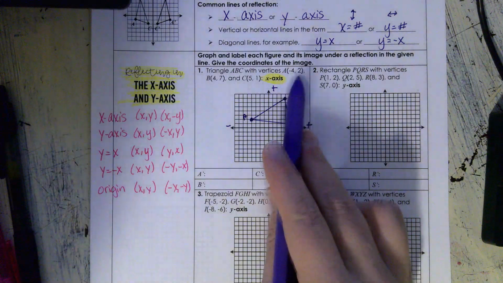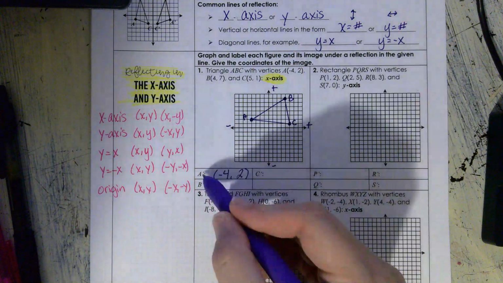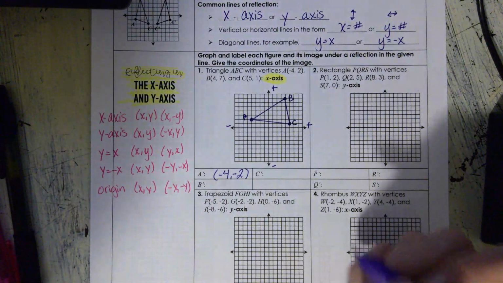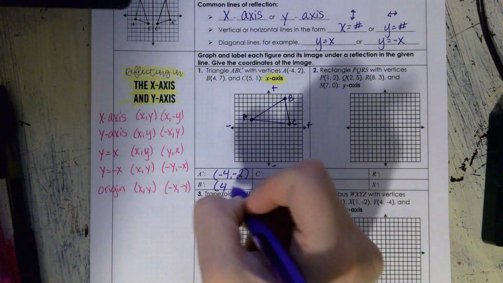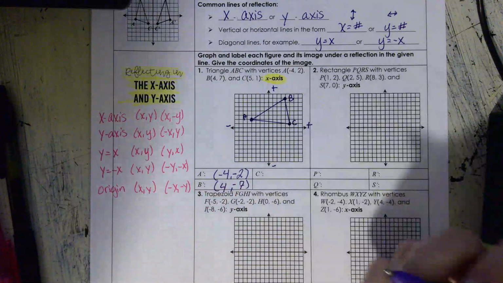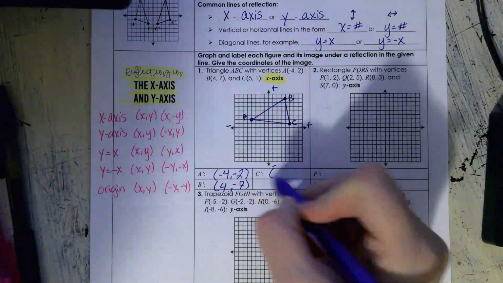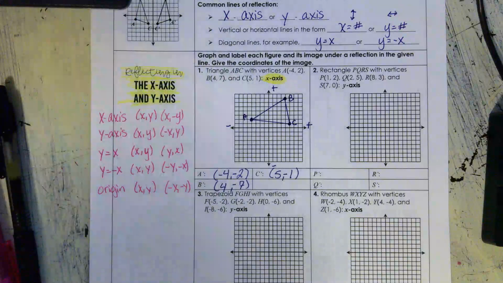So for my A, it would be -4, 2, but since I want A prime, I will simply change my y value to a negative: -4, -2. 4, 7 for B, changing that 7 to a negative. And 5, 1 for C, again changing the y value to a negative.